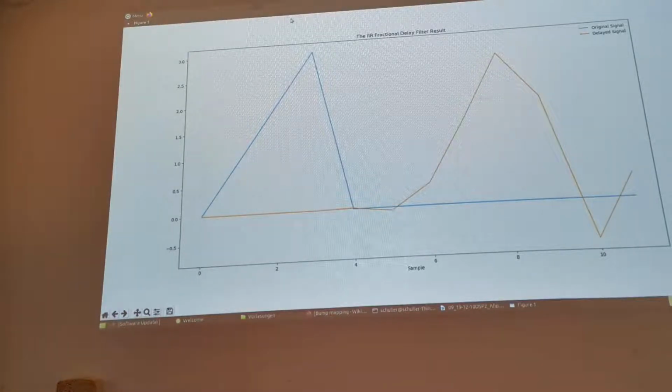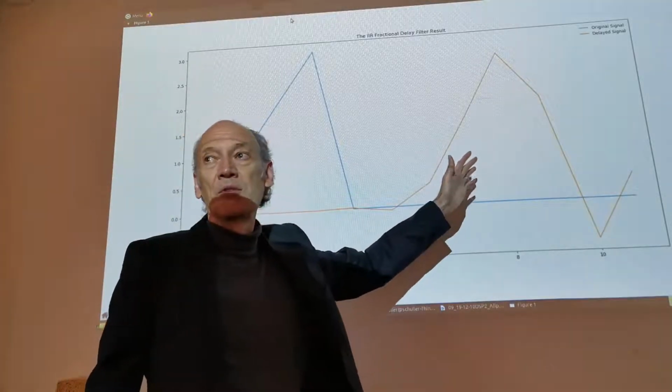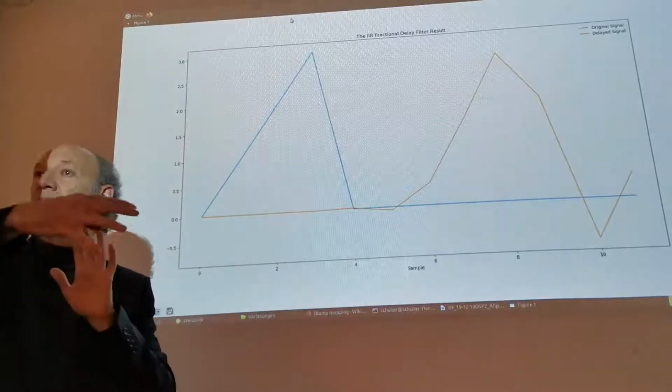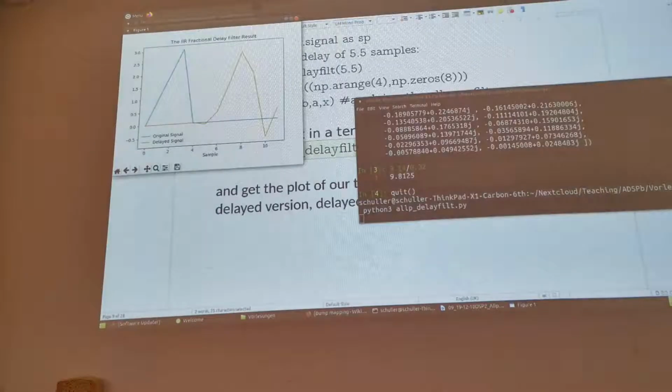It rings behind but not before. Right? And this is basically the same that we get here with our all-pass IIR filter, that it has ripples behind but not before. So in that sense, it's a more practical filter.